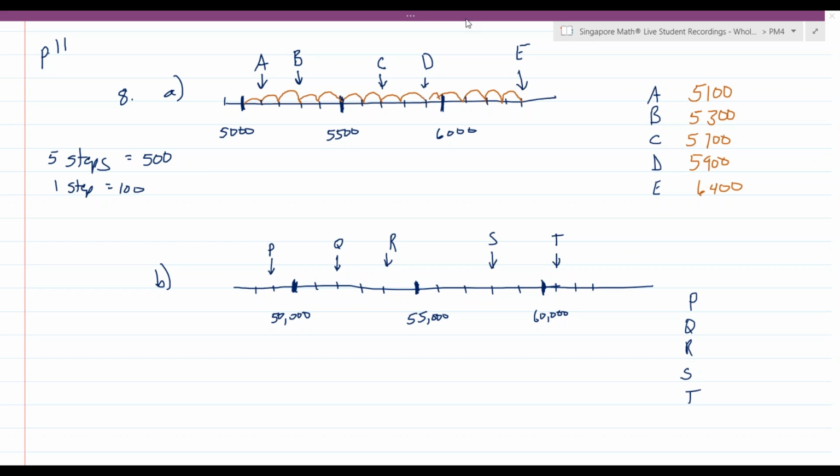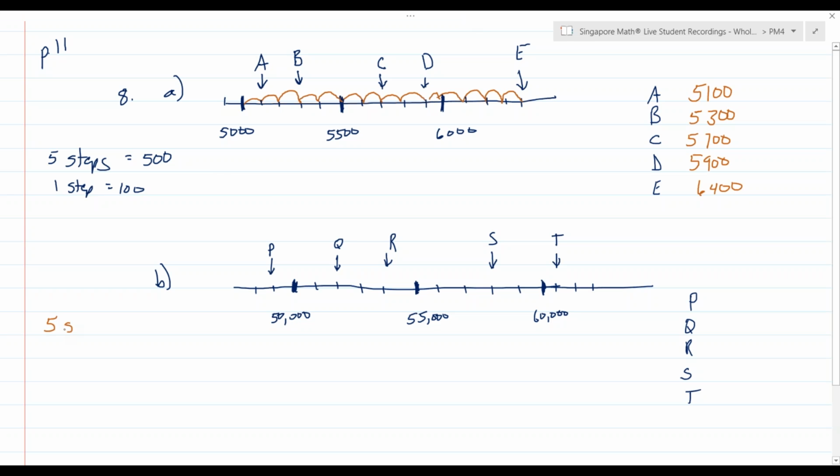Now in letter B, we go from 50,000 to 55,000, and we also have 5 steps. So if 5 steps is now equal to 5,000, then you can tell that one step is going to be equal to 1,000.